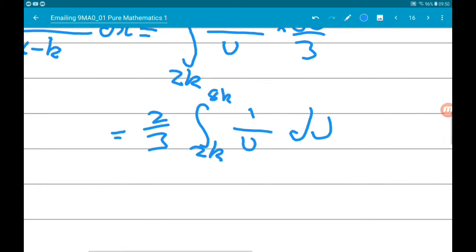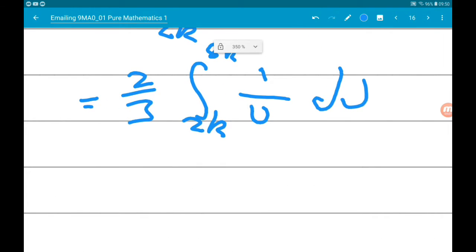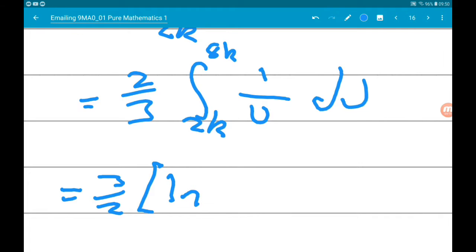1 over u integrates to log u, between 8k and 2k.